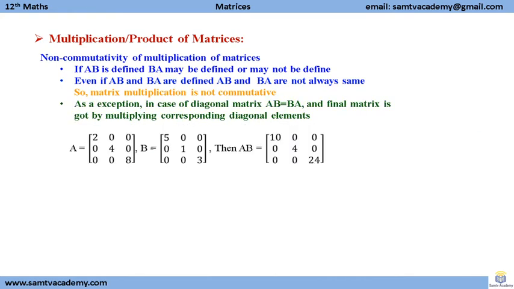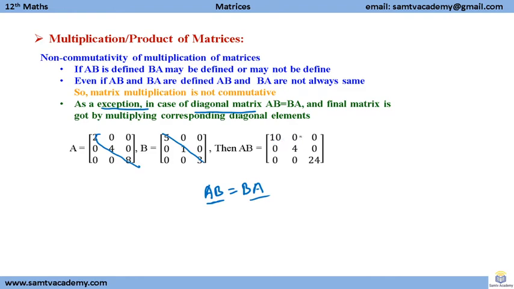The last one is an exception, only in some cases. The exceptional case is the diagonal matrix only, in which AB is equal to BA, because in this both their order will be the same and their corresponding elements also will be the same, and we will get the matrix only by multiplying these diagonal elements.